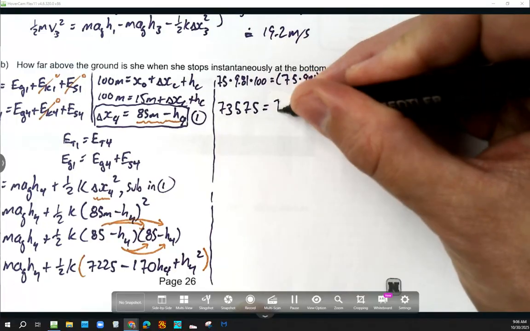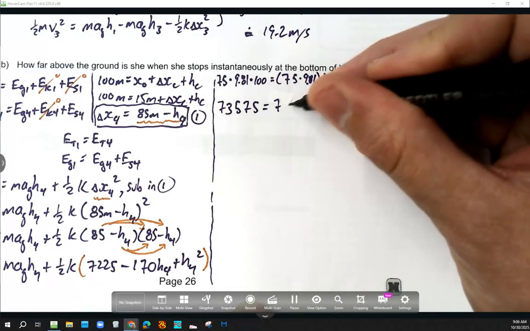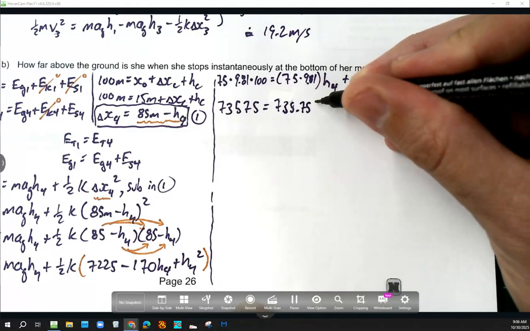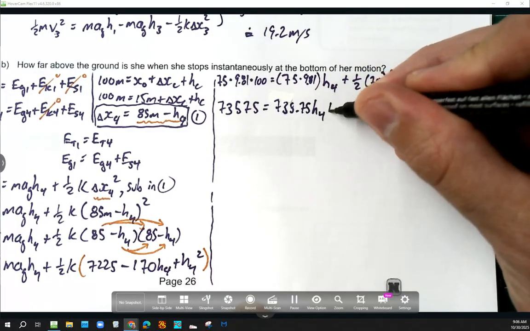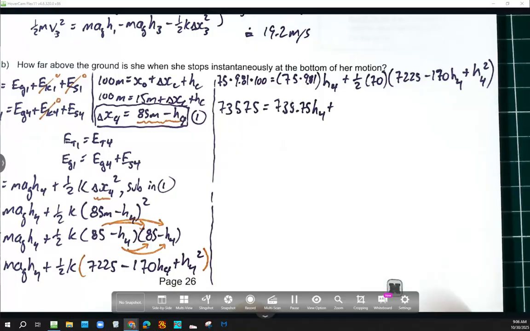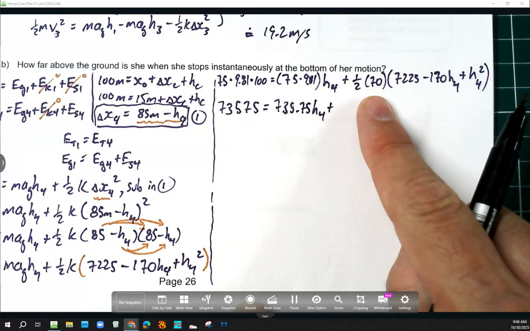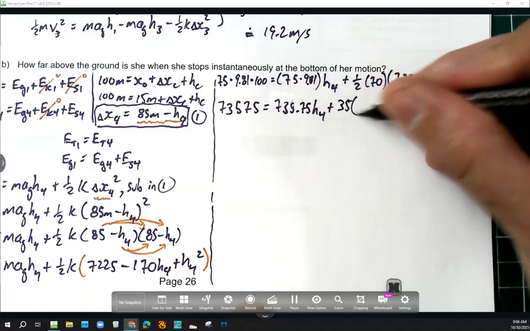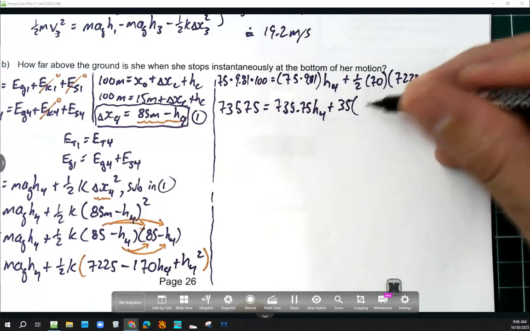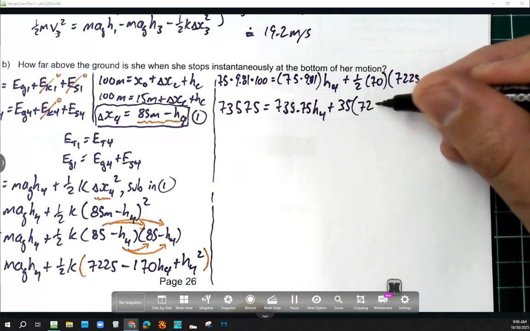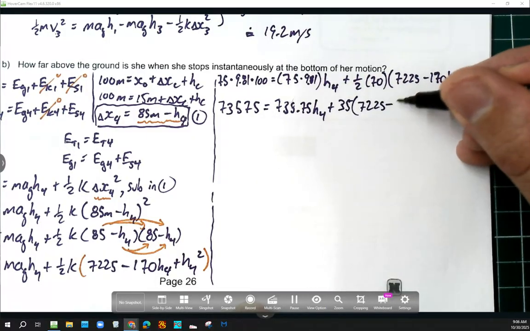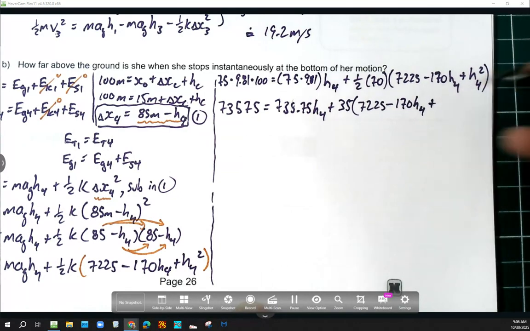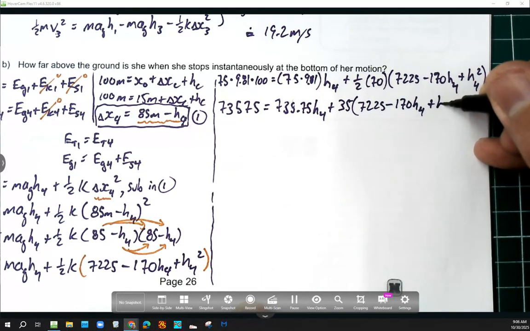Equals, again, I did the legwork beforehand, 735.75 H4 plus 1/2 of 70 is 35. Open bracket, and we still got 7,225 minus 170 H4. And yeah, I'm going a little bit slow here because I want everybody to see what's going on in the brains.